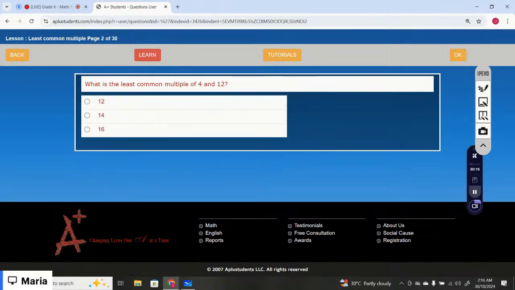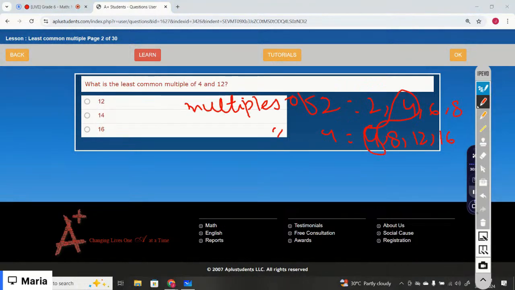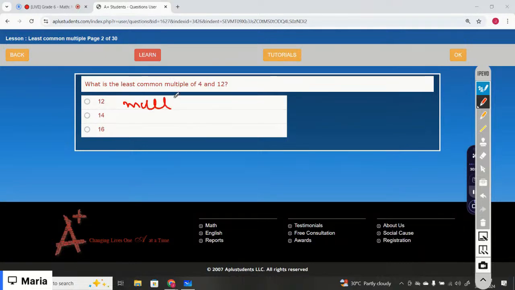What is the least common multiple of 4 and 12? So which is the correct option? So let's just write down the multiples of 4 and 12.